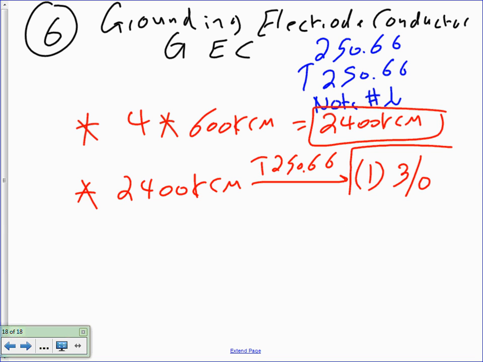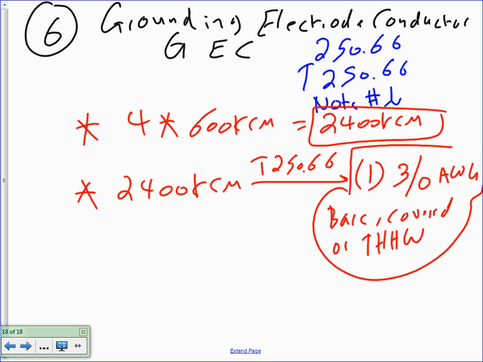First I want to use AWG, because otherwise this could be square millimeters, and they don't use that one though. And it could be bare, covered, or THHW. In this case, since it's going outside, I will use THHW. Typically covered, guys, they use a cover insulation on it.